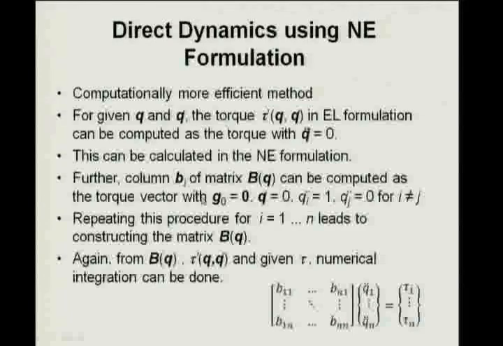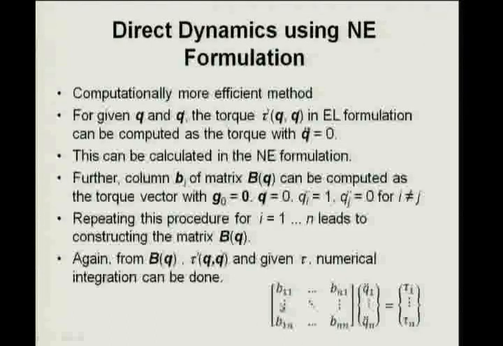Okay. Now, if you look at this matrix, the B matrix is multiplied by these terms q1 double dot to qn double dot. What you do then is, suppose I make qj double dot equal to 1 and the rest zeros. Then in this column B11 will get multiplied by q1 double dot, and I will get tau 1.